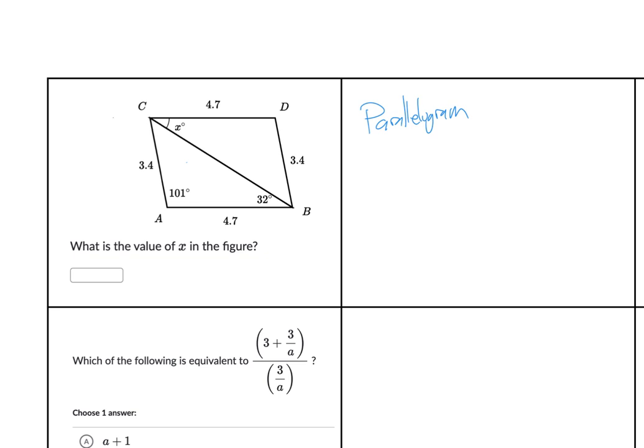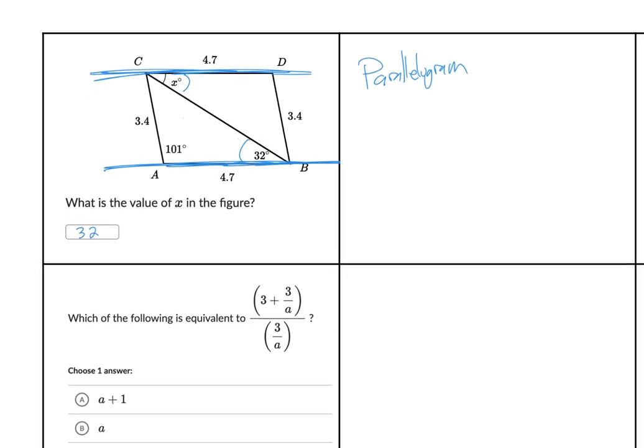That means these are parallel sides. In parallel lines, alternate interior angles are congruent. So this doesn't take any calculation. It's just 32. You just have to recognize those relationships. Okay? If you get to relationships in geometry that you don't know, 98% of the time the drawing is drawn to scale. So you can take a guess.